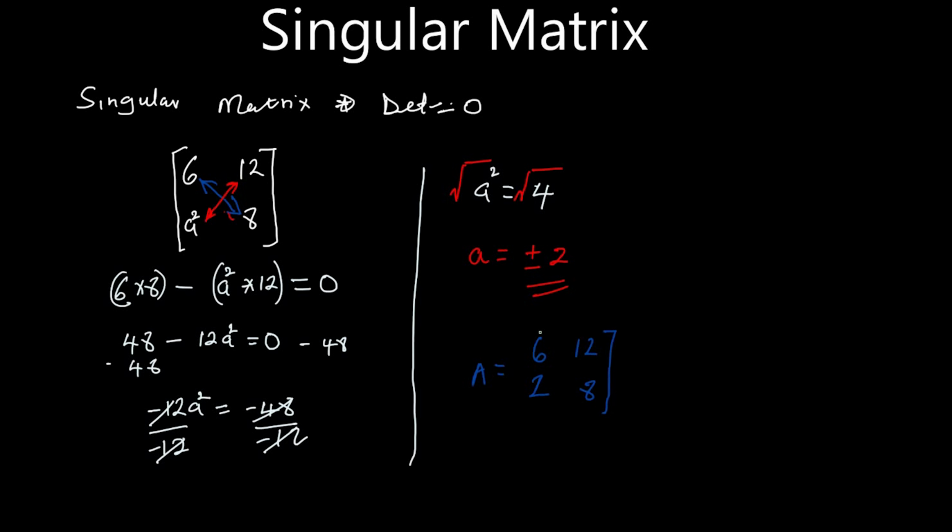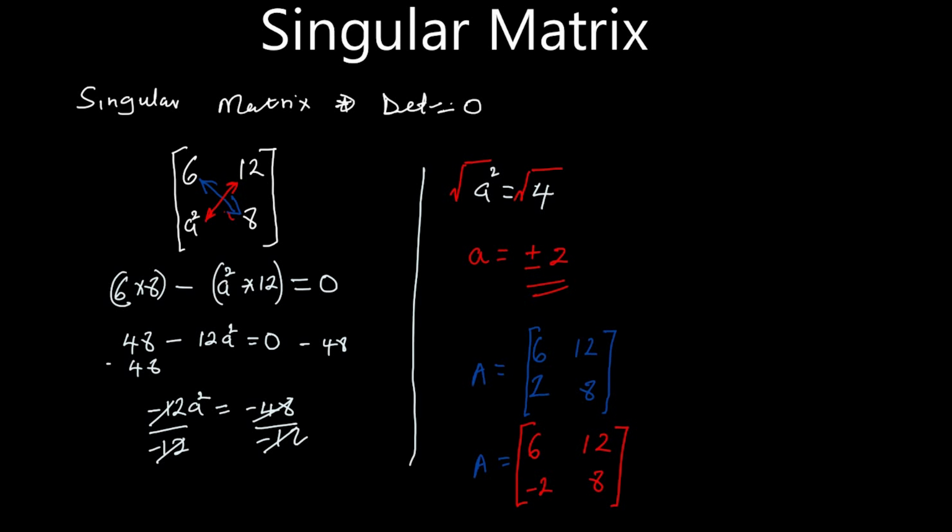This is the first instance. And the second instance, A can also be equal to 6, 12, minus 2, 8. This is because our value for A was given by either plus or minus 2. And that is done for that question.